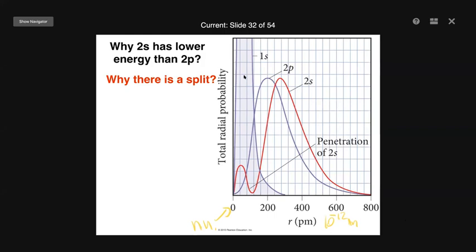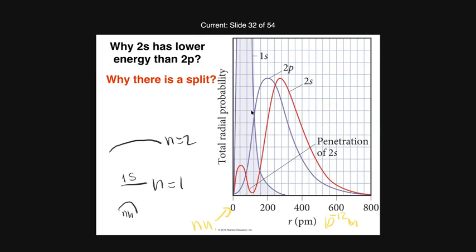You probably notice that 1s has the highest probability of finding the electron. You can't even see the peak of it, and it's the closest to the nucleus, which makes sense. We already saw this when we drew the energy diagram: n equal to 1, or 1s, is closer to the nucleus. And when we have 2s, the reason why there is a split is that normally in Bohr's model for the hydrogen atom, you would have n equal to 2 like this.